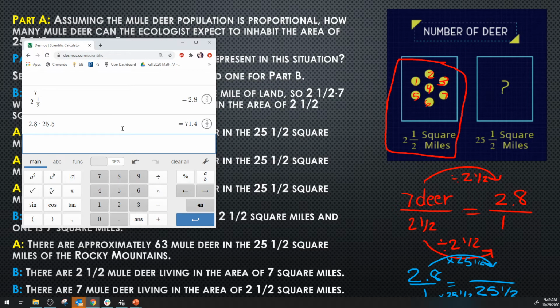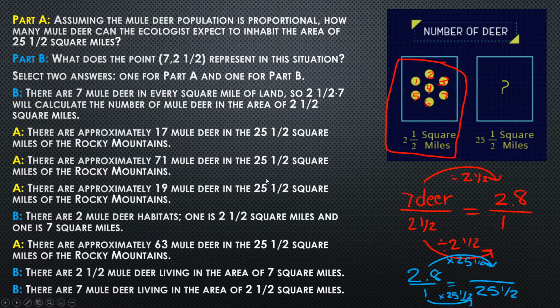And I get 71.4. Now, this is interesting because I can't have 0.4 of a deer, right? Because that doesn't make sense. So I'm going to round this down to just 71. So I'm going to say there can be approximately 71 mule deer in that 25.5 square mile radius.